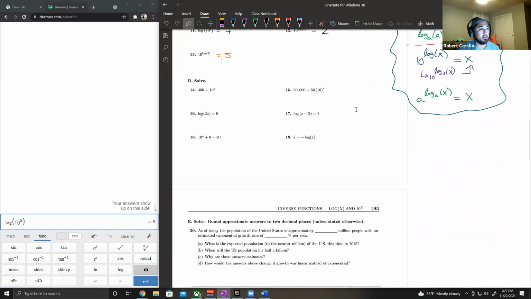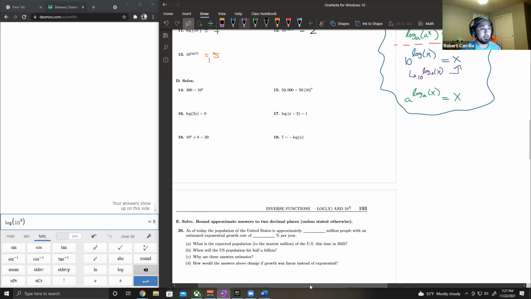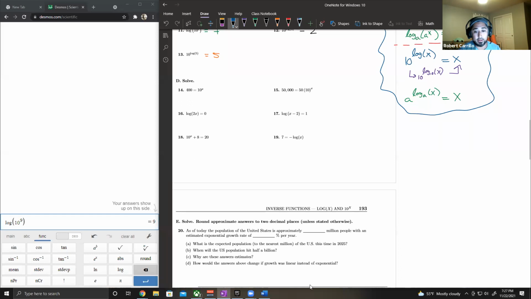All right. And here we are. No room again, so let's go to my right side here. We're going to start with 14 over here. We want to solve for x. So 14, we have 400 equals 10 to the x. What we're going to do here is convert this exponential into a logarithm. We saw how to do that on the first page.